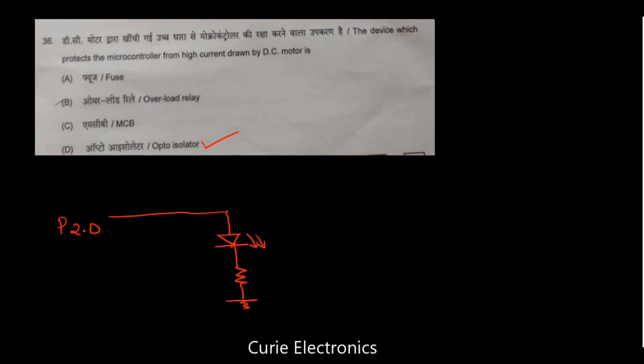This optocoupler has a built-in transistor, and from the collector we drive another transistor, and that transistor will control the DC motor.